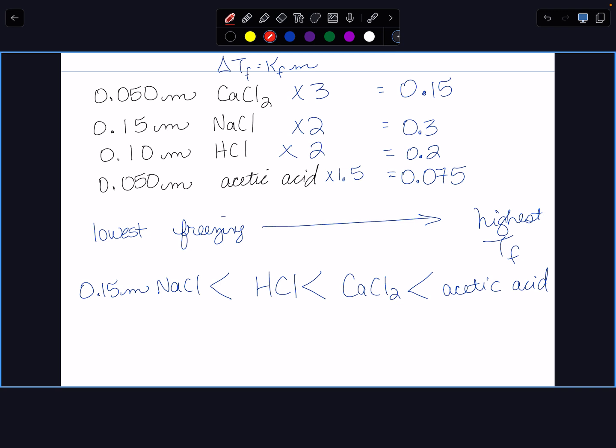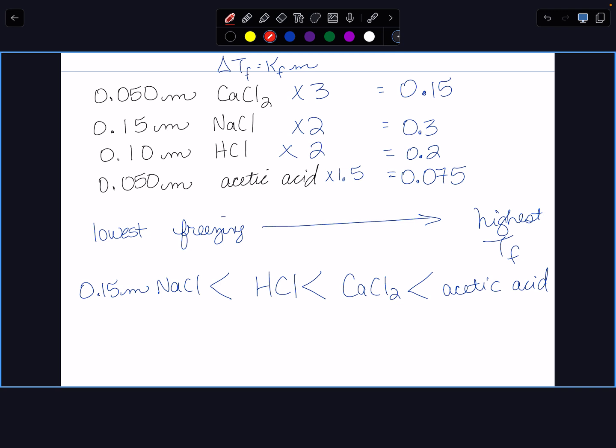Boiling, water would still be here. And then acetic acid will boil a little hotter, calcium chloride hotter still, HCl hotter still, and sodium chloride the hottest. Because it's boiling point elevation. Water boils at 100, all these boil above 100. But we're going in order from lowest to highest.